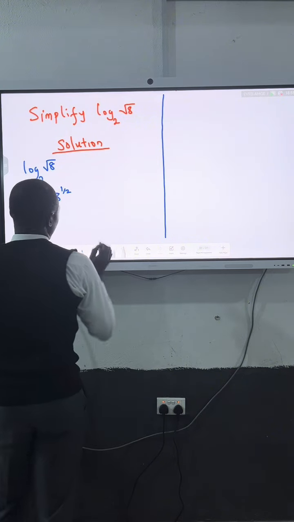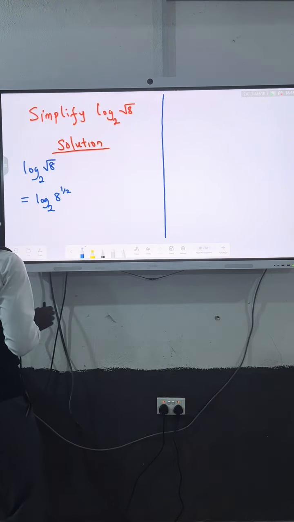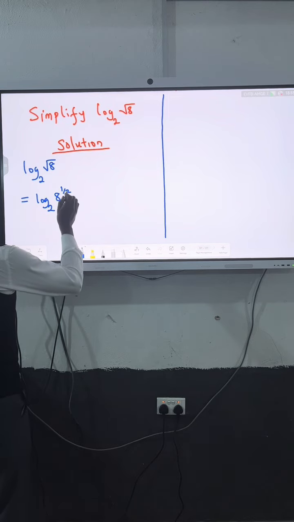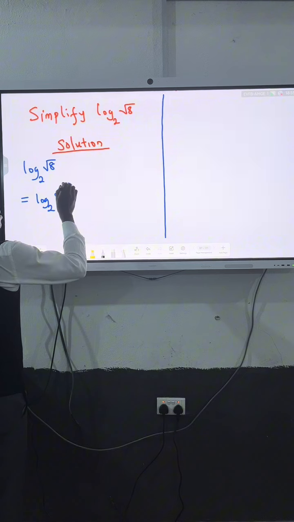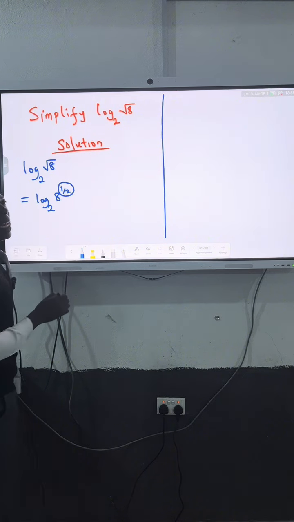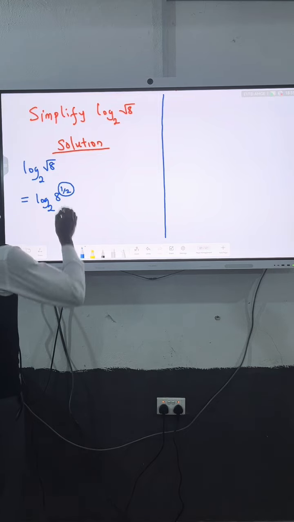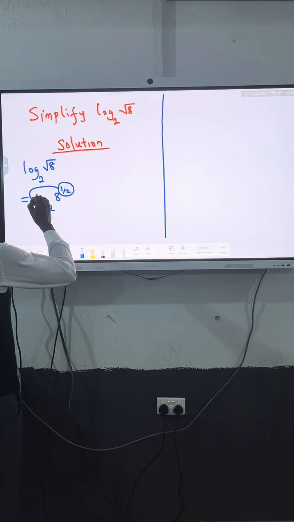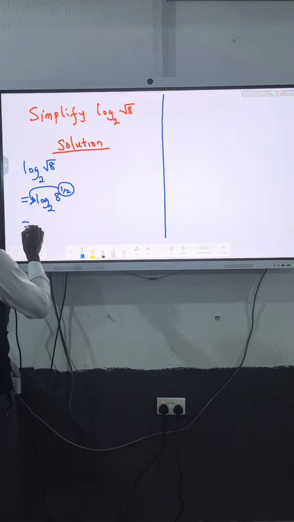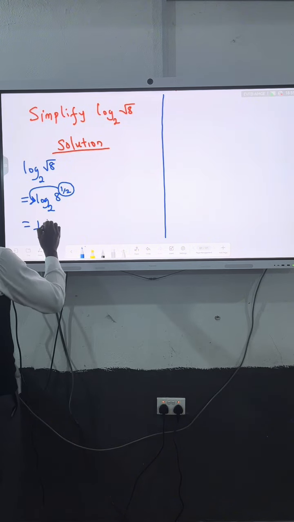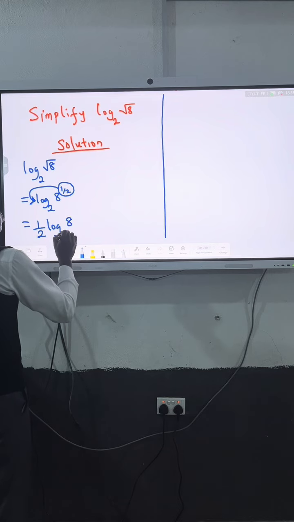All right, let's carry on. Now that you have manipulated this one this way, see what will happen next. This one, because it's an index now, is on the 8. One of the laws of logarithm says that this index is meant to go and stay at the back, meaning that this will give us 1 over 2 log 8 to the base of 2.